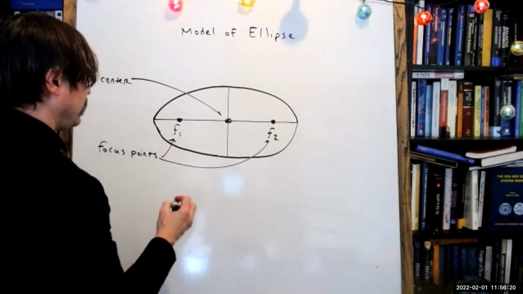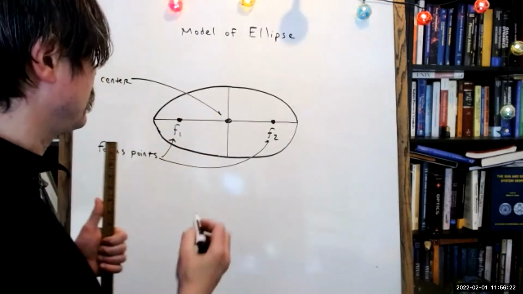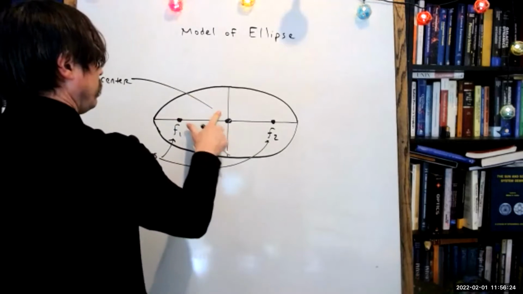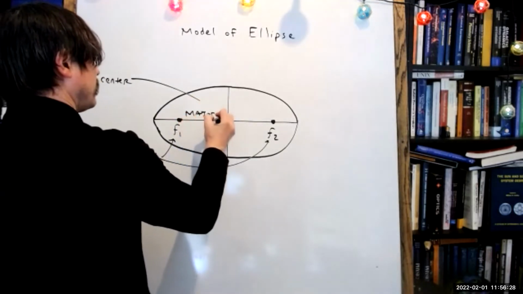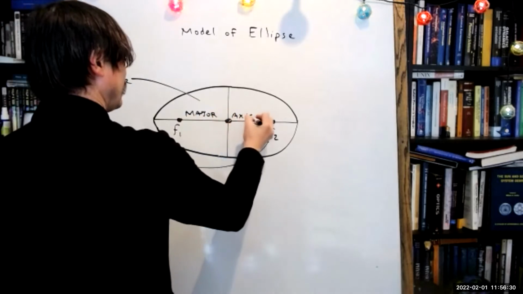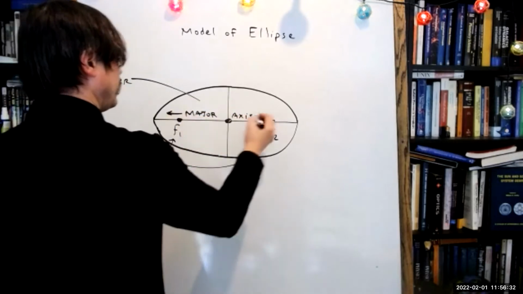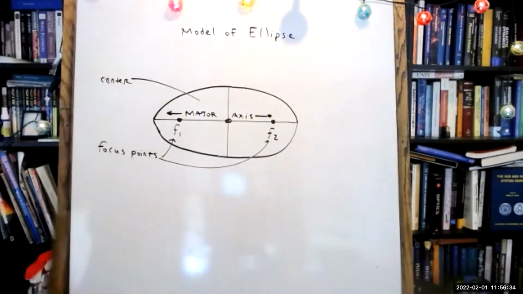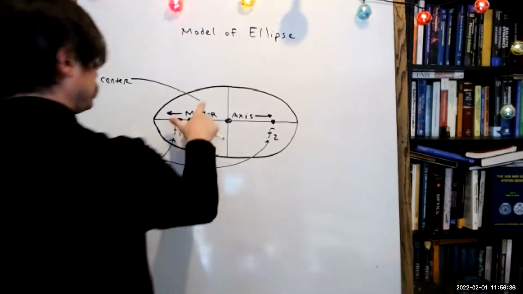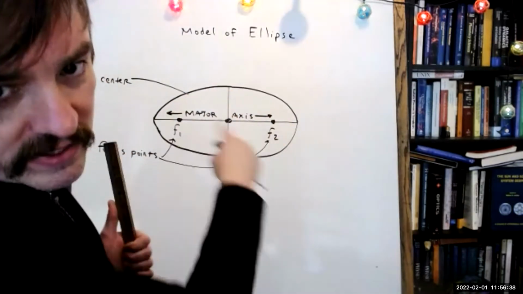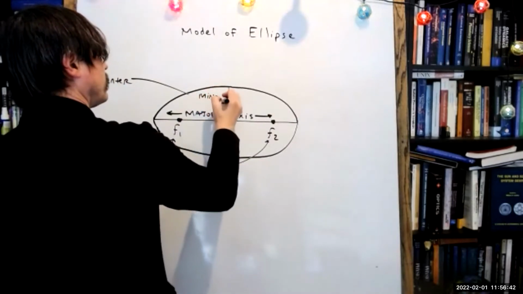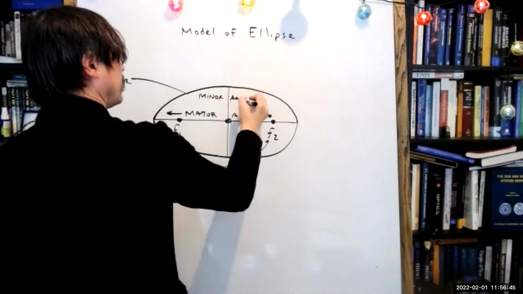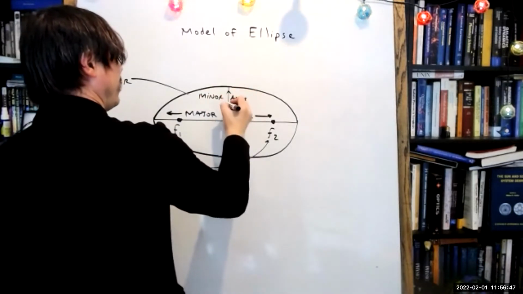This diagram is going to get a little busy because I made my ellipse kind of small. So the major axis cuts through the ellipse like a football, like the long dimension of a football. The minor axis runs up and down.